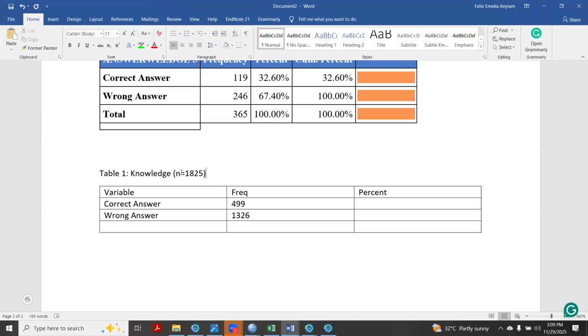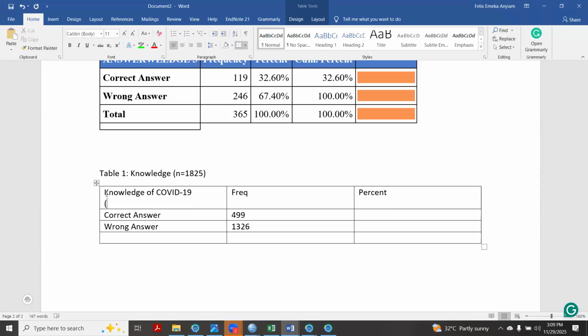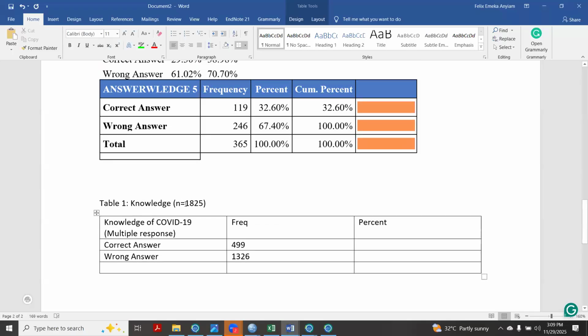But what you will let us know now is, if this is your knowledge, let's say knowledge of COVID-19, what you will do now, you will add something here, multiple response. That's what you will now do, because the population here will be 365.